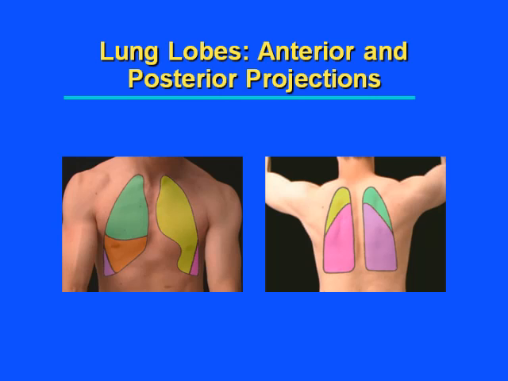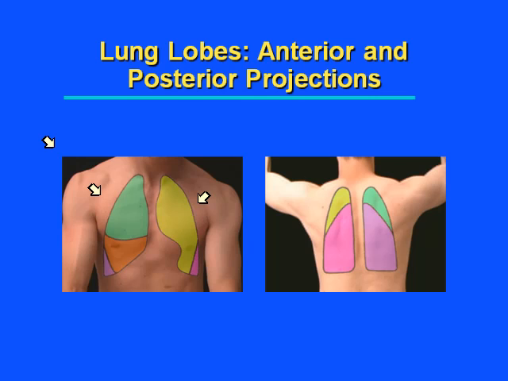These figures are to show you the anatomy of the lungs in terms of lobar anatomy. So you may have learned, hopefully, that if you look at the figure on the right, this is an anterior view. So we're looking at the front of the patient. So if you remember, the right lung has 3 lobes, and the left lung has 2 lobes.